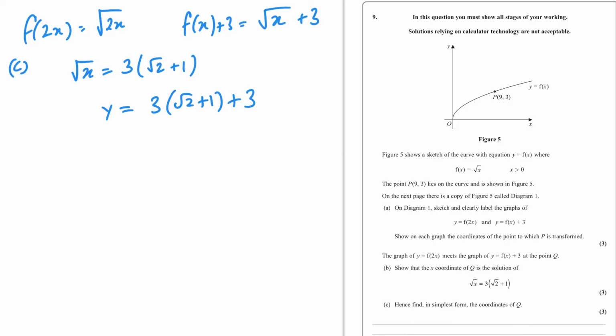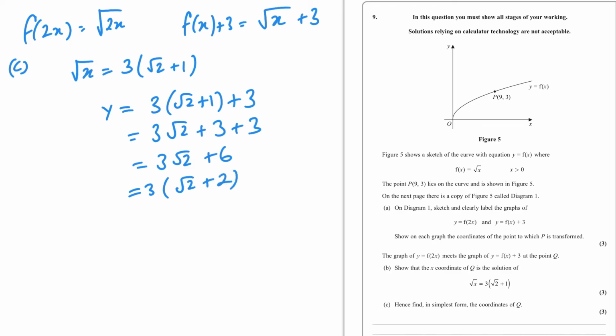So I've essentially got an x value and a y value, but I do need to simplify them. So let's sort out the y value first, and then we'll look at sorting out the x value. So the y value, we've got 3 root 2 plus 3 plus 3, 3 root 2 plus 6, or we can call that 3 brackets root 2 plus 2. And that can be our y value.